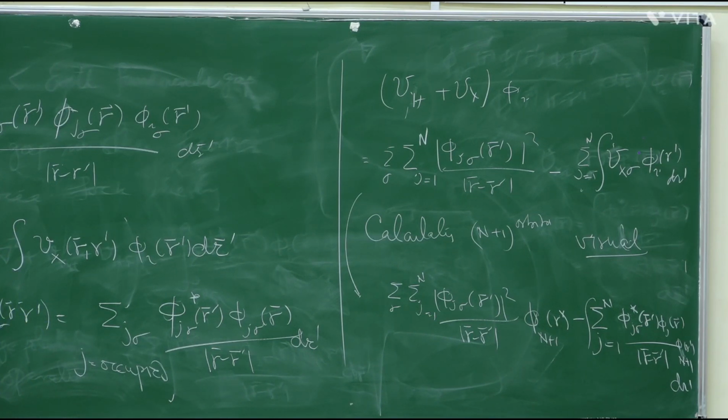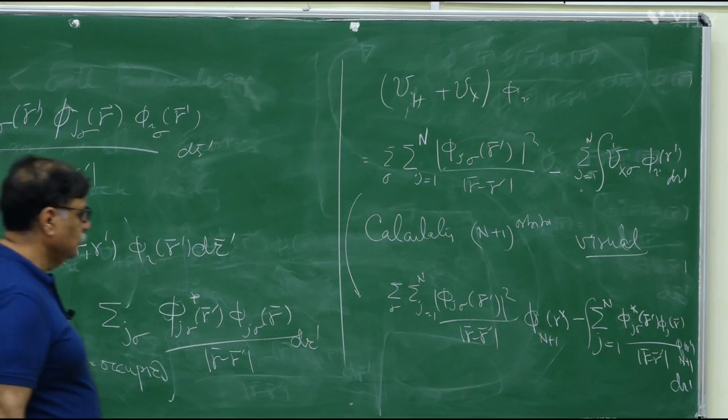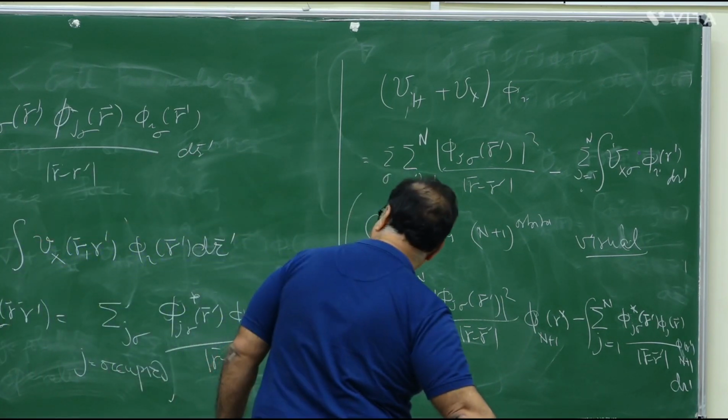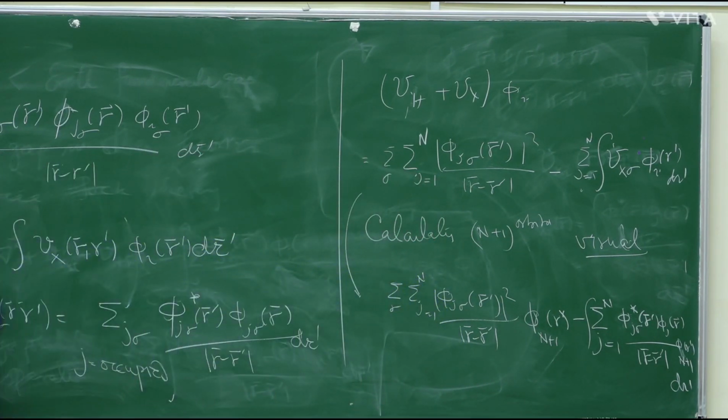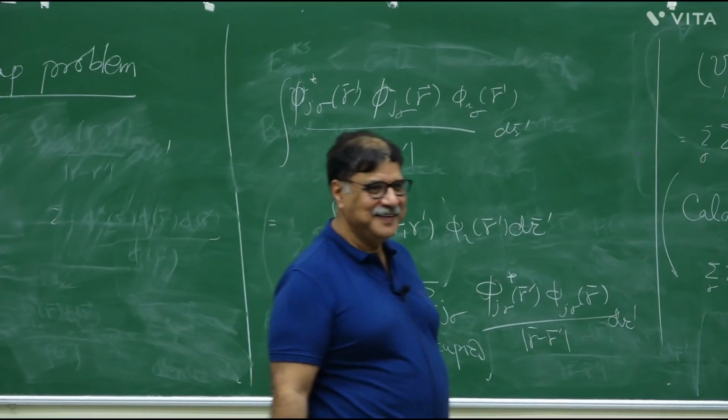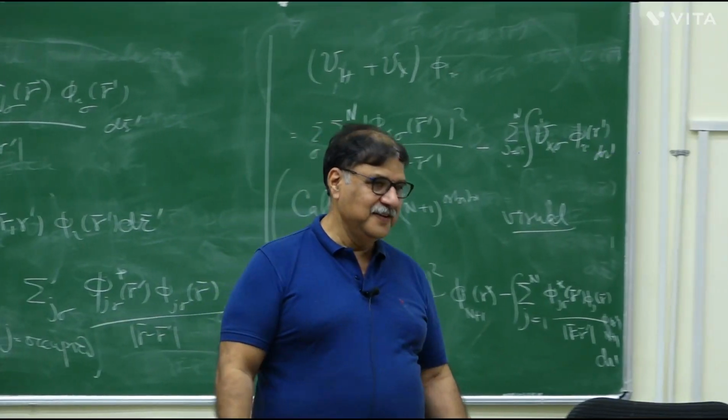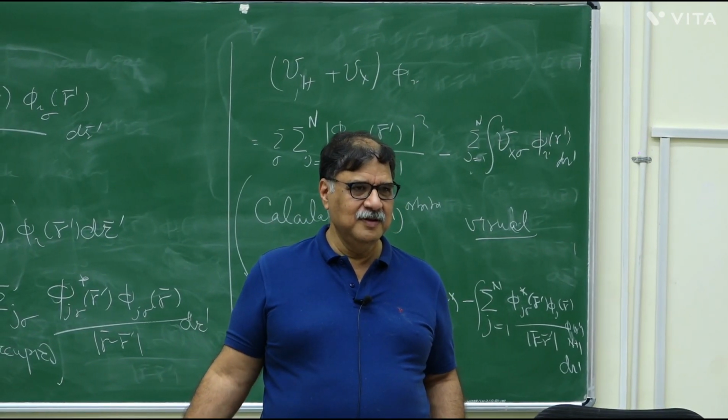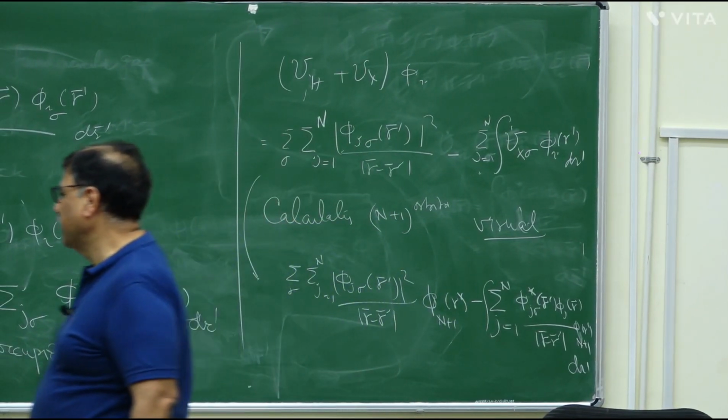Okay, now I'm going to do a trick. If I add the self-interaction of the n plus 1th orbital on both sides.